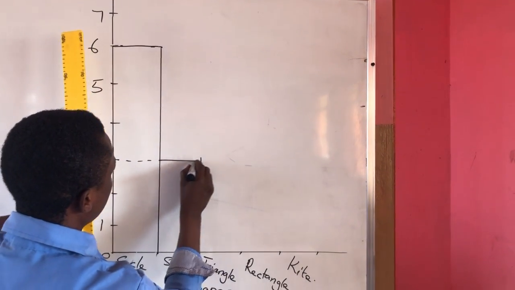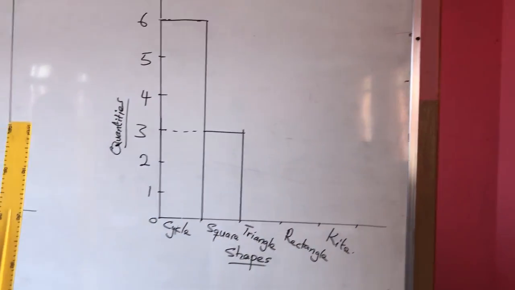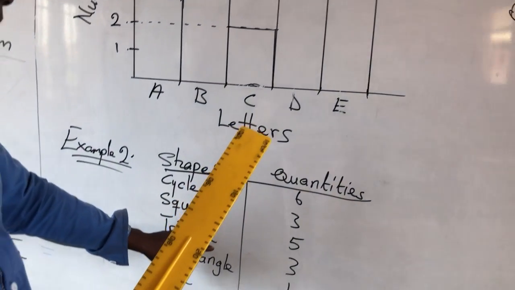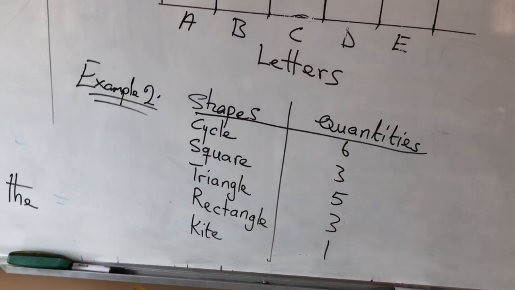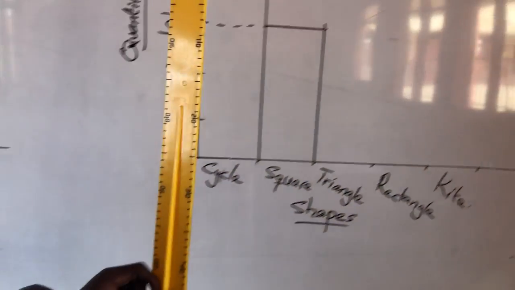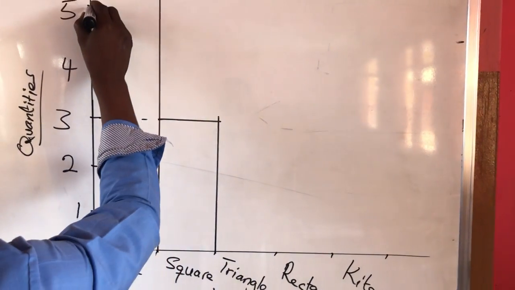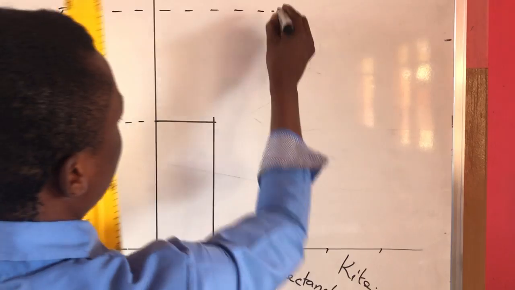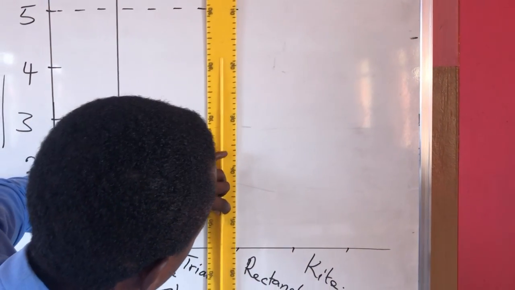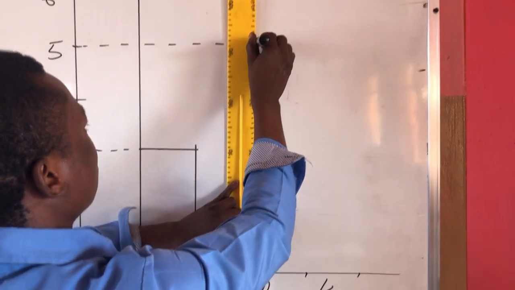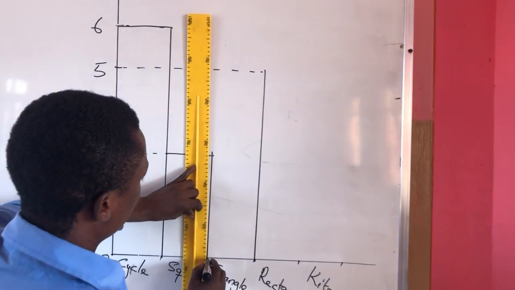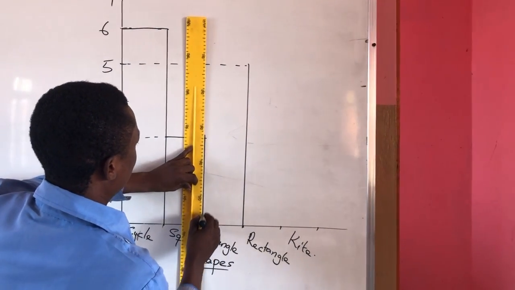So you draw. The next one is what? Triangle. Triangle, which is 5. So trace your 5 here. Then you come to this side, you extend this line also up.